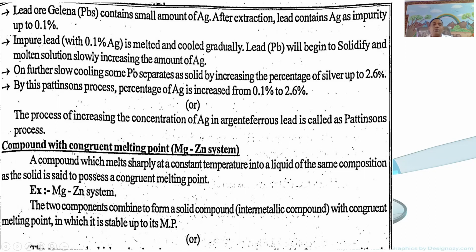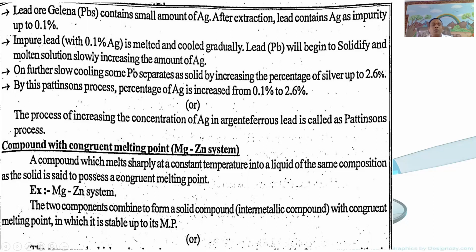Next, compounds with congruent melting points: the magnesium and zinc system. It is also a two-component system.